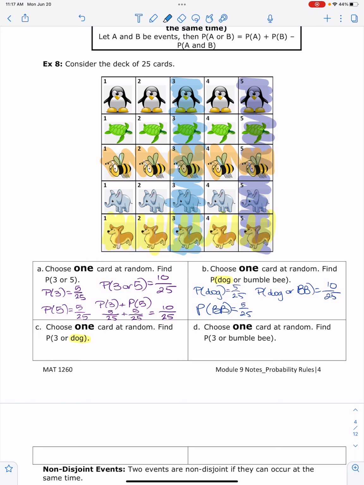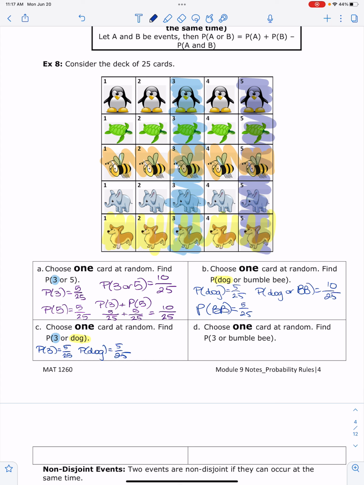Our 3s are this fabulous blue. And notice I've got the same probabilities. Probability of a 3 is still 5 over 25. The probability of a dog, also 5 over 25.